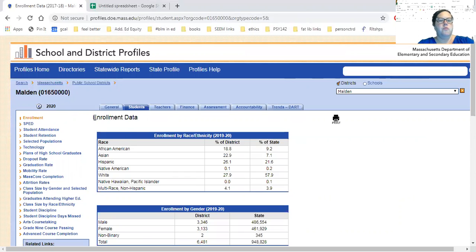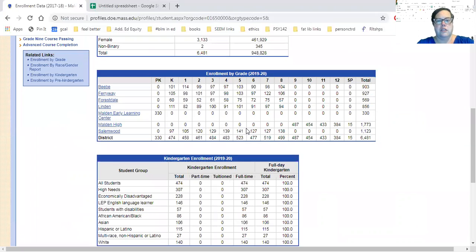So the first thing when we click on Students is we get to this enrollment data section. Here we can look at the percentage of the district, and we can look at the percentage of the state. So this helps us see, when we're looking at this district, how does this match up to the bigger trends in Massachusetts?